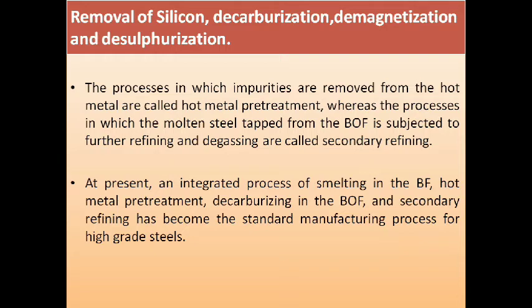Generally, at present, smelting in the BOF with hot metal pretreatment, decarburization, and secondary refining has become the standard manufacturing process. BOF stands for the basic oxygen steelmaking process, also called BOS.